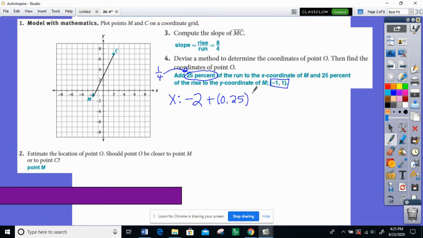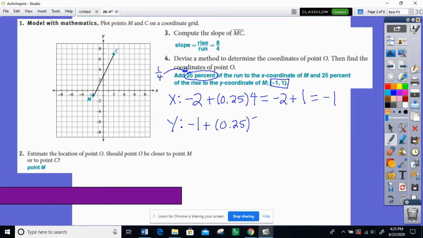Well, what was the run? The run was 4. Okay, so that's -2 plus, what's 1/4 of 4? That's +1. So -2 plus 1 is how we get -1 for the x value for point O. Then we're going to do the same thing for the y coordinate of point O. Take the y value of our starting point, which is -1, plus 25% of the rise.